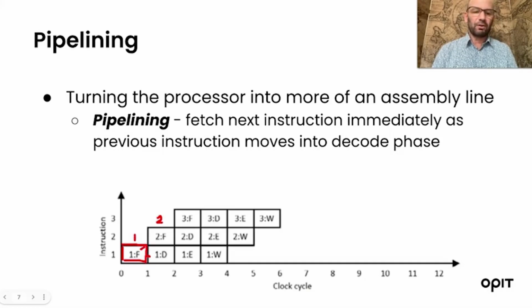And then it's going in kind of an angle here. So that when the decode is passed on to the execute, then we can start the execute phase. So here we can see basically in 3 cycles, essentially clock cycles, we have 3 fetches. So we've significantly improved upon the efficiency of our processor by using this pipelining model.